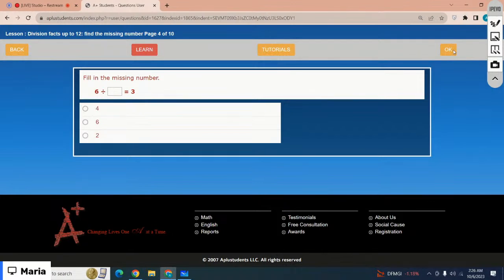Very good, 6 divided by 2 equals 3, right? The correct option is 2.